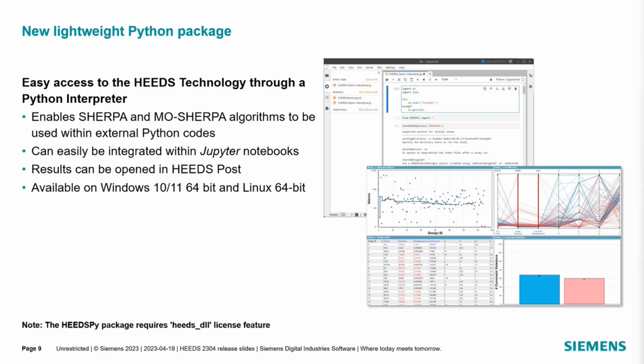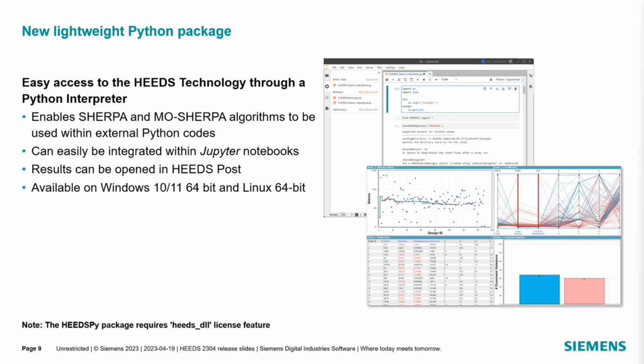But we want to be able to provide our search technology to them. The HEEDS lightweight Python package is a way for them to do so. They can now incorporate Sherpa and MoSherpa within their frameworks. And it can be easily integrated into Jupyter notebooks in case they are doing design optimization within Python environments.